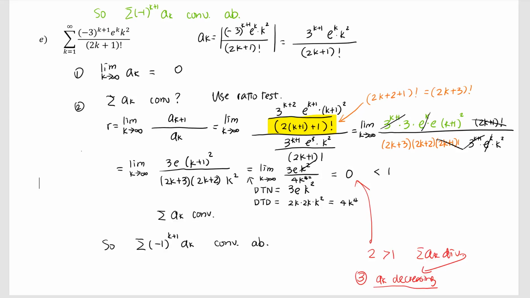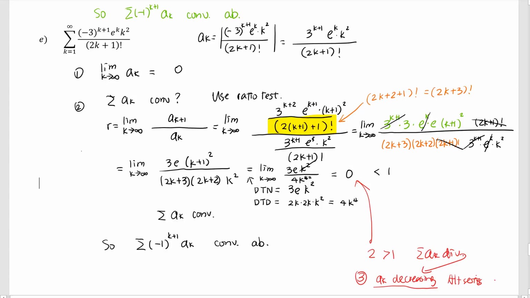So we say the sequence is decreasing by the alternating series test. So the alternating series converges conditionally, if this is 2. Okay, so that is example E.